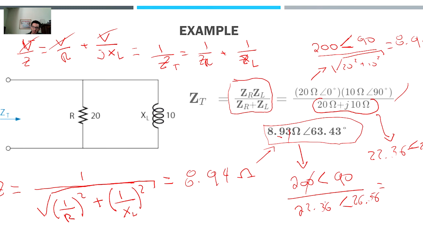That will give you 8.94, and the angle is 90 minus 26.56, which is equal to 63.43. So those are the two things that you can do. If you just need the total impedance to compute the voltage and the current, you go this route. Or if you want the phase, you can go this route because it's easier to get the phase shift right away.